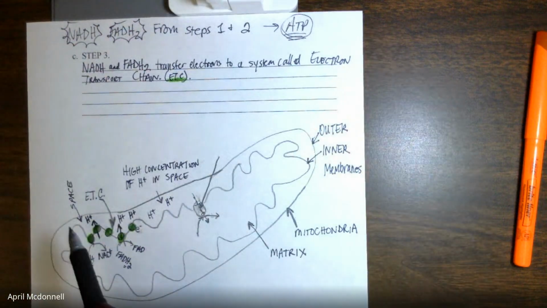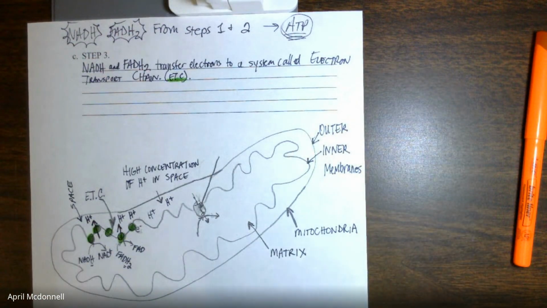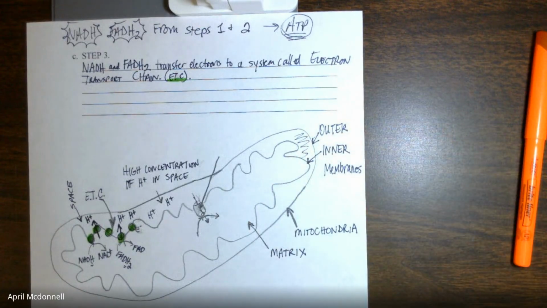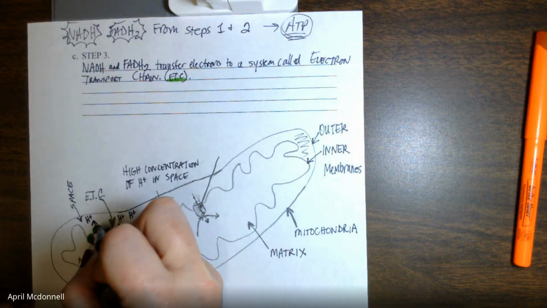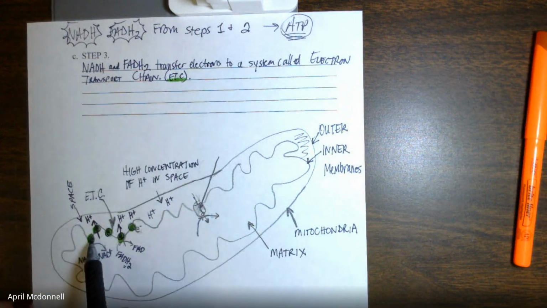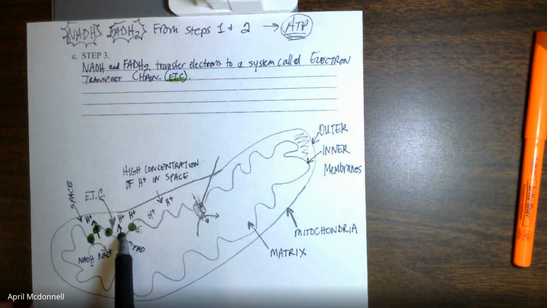The space is going to be called the intermembrane space, which is the area between the outer membrane and the inner membrane. Let's go back to these electrons. So we have these electrons that are basically being moved from substance to substance within the chain.